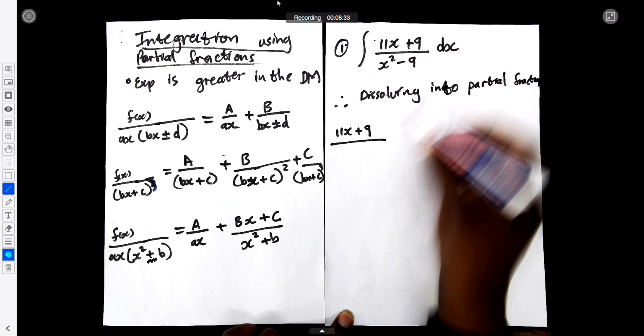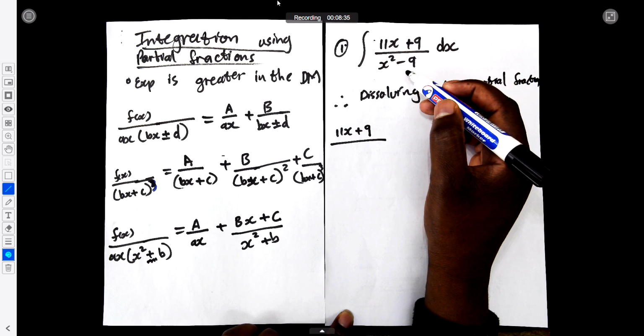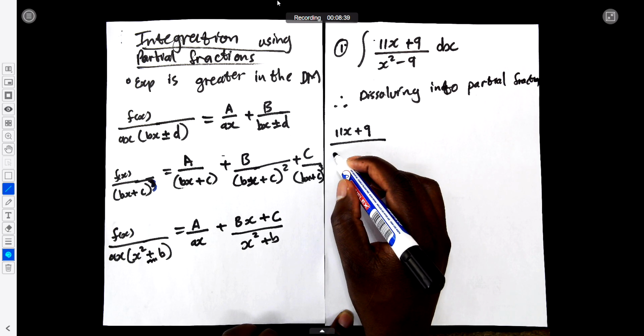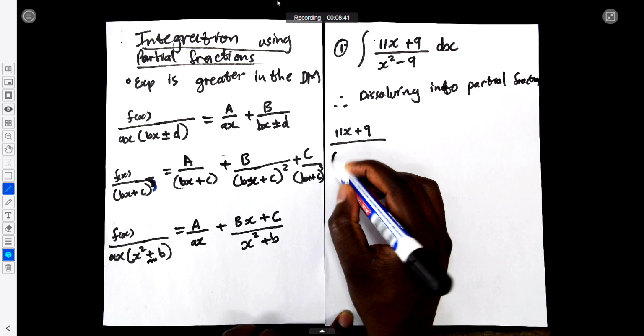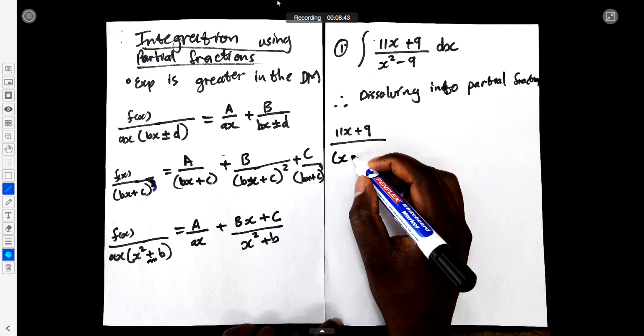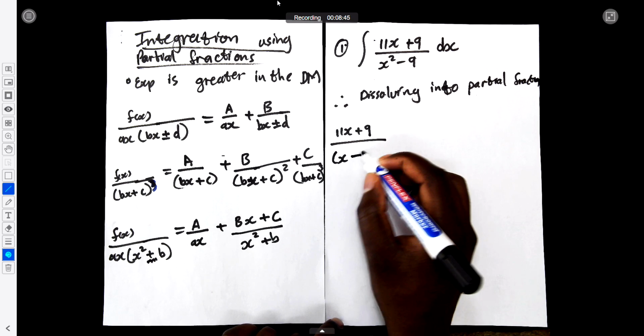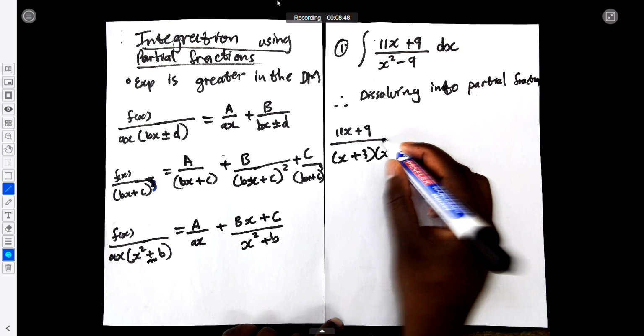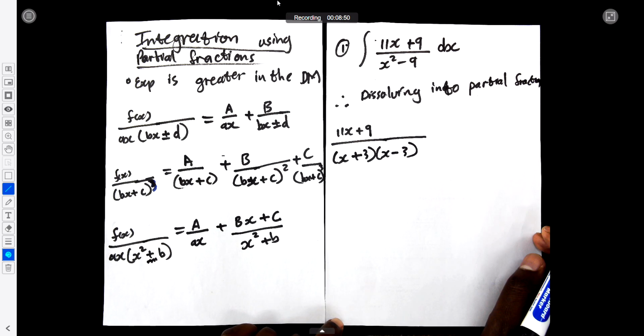So we need to make sure we factorize the denominator. That's the first thing. When we factorize, the denominator is a difference of two squares, right? So we have x + 3 and x − 3. That is the factorization of a difference of two squares.